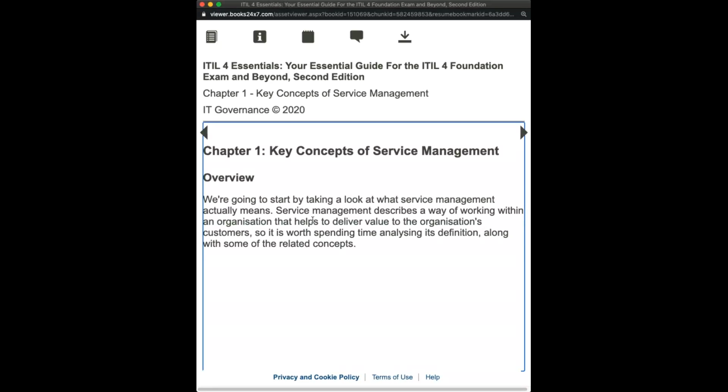If you provided a service that doesn't add any value, so that service is not implemented or not done correctly, right? To deliver value to the organization's customer, again, customer could be internal, external, right? So it is worth spending time analyzing its definition, along with some of the related concepts.